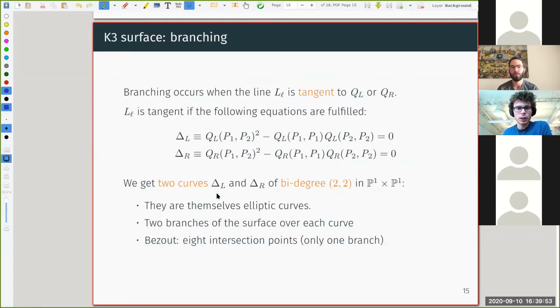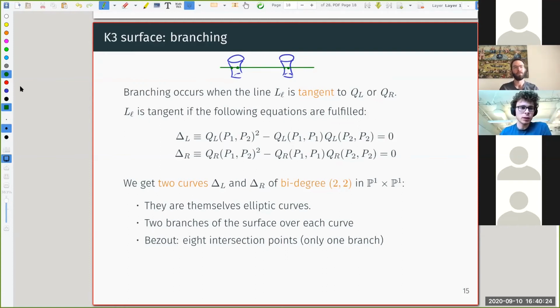Okay, so the way this is done is we have to remember what was the reason for why we had different branches in the first place. And that was, of course, because we had different choices for the intersection points. So again, we had these quadrics, and the green line was going somewhere here, and there were different choices for the intersection points here. But now, of course, if the line becomes tangent to the quadric, then there are going to be fewer branches.